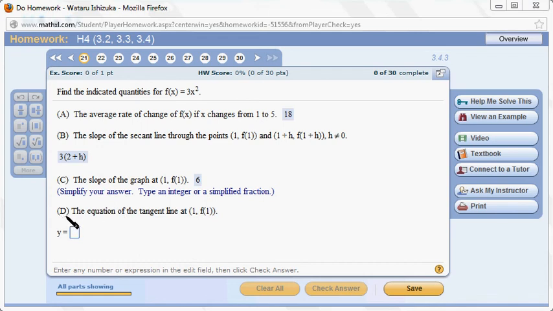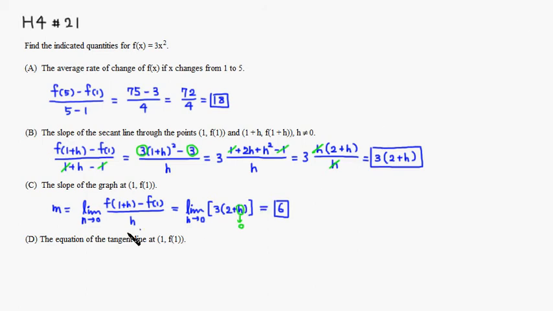Okay, for part D, we want to find the equation of the tangent line at 1, comma f of 1. So let's do that. There are always two pieces of information we need to find the equation of a tangent line. Here, we need to find a point. I usually call it x1, comma y1.